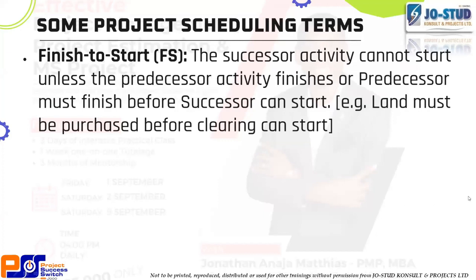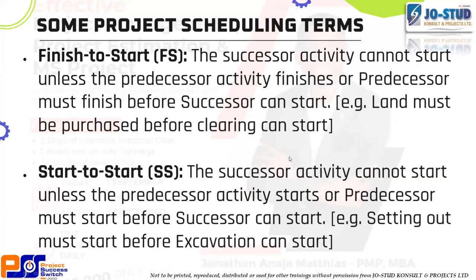The second type of relationship that can exist is a start to start relationship. The successor activity cannot start unless the predecessor activity starts, or the predecessor must start before the successor can start. Setting out must start before excavation can start, right? It doesn't mean it's a finish.